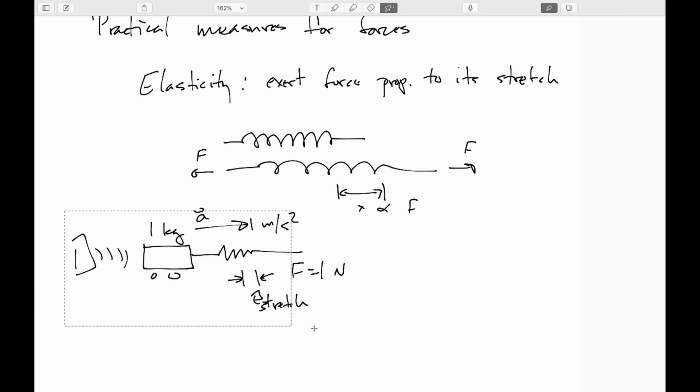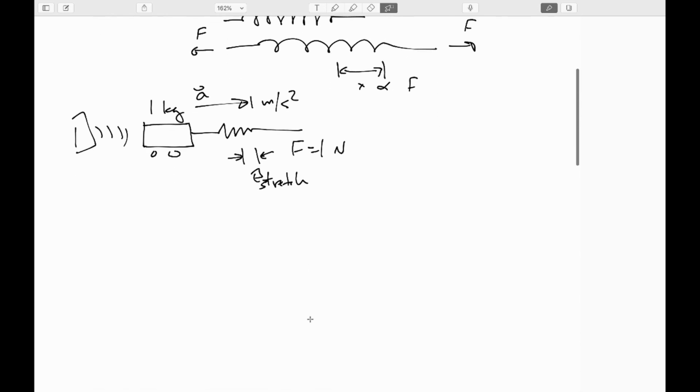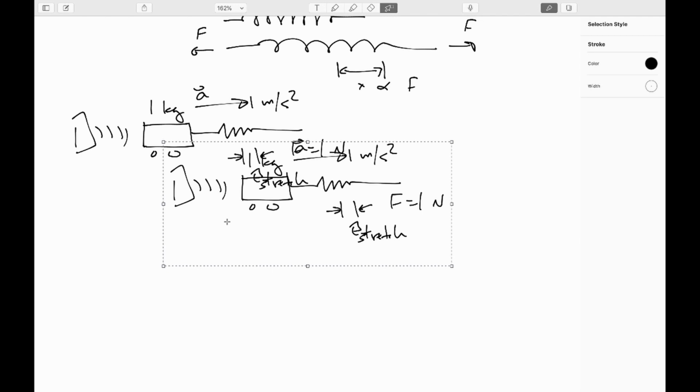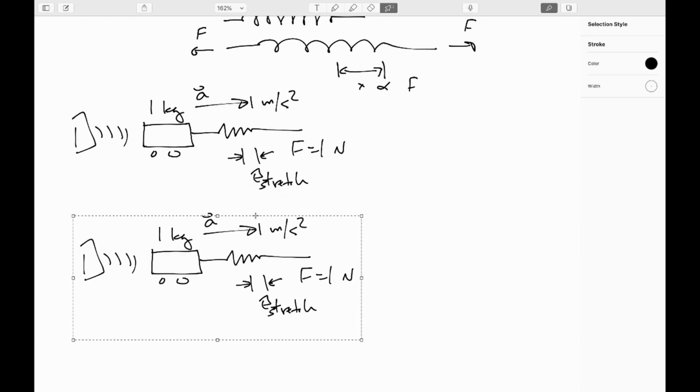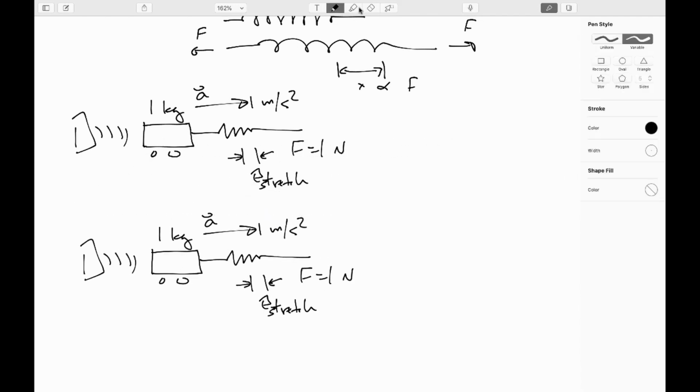So we could again take our dynamics cart, and we could pull it again, but this time we pull it in a way until we achieve a carefully measured acceleration of 2 meters per second squared.